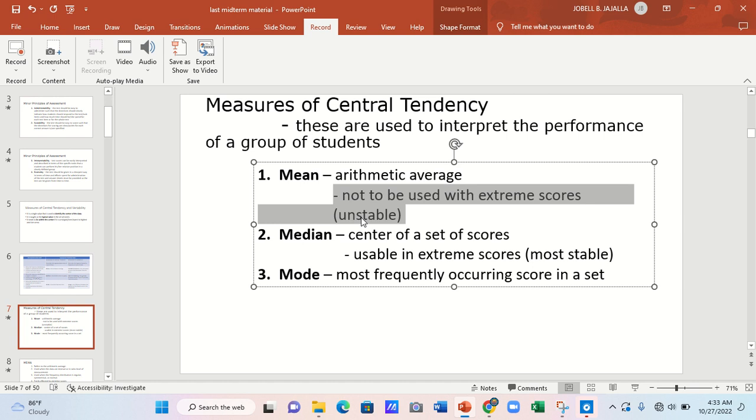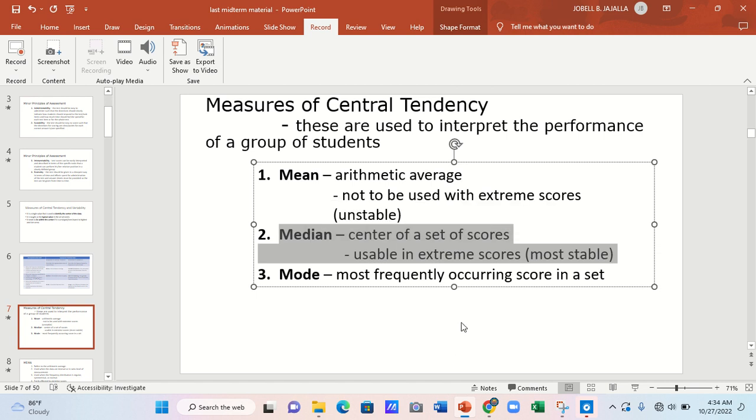If there are extreme scores, what should we use? The measure of central tendency we use is the median. So the median is the center of a set of scores. If there are extreme scores, the median is the most ideal, because it is the most stable. The median is not shaken regardless of extreme scores.